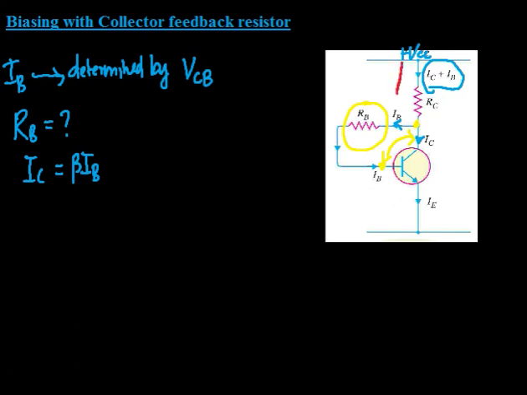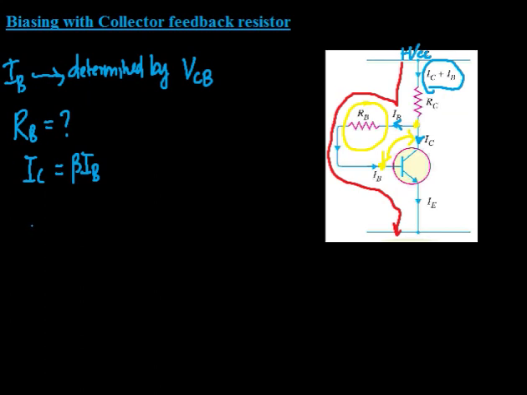There is a voltage drop across RC, that is IC plus IB into RC, then a voltage drop across RB, then the base emitter junction, and then it reaches the negative terminal of the battery.